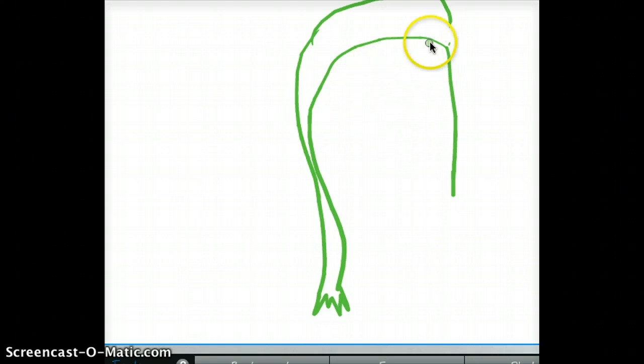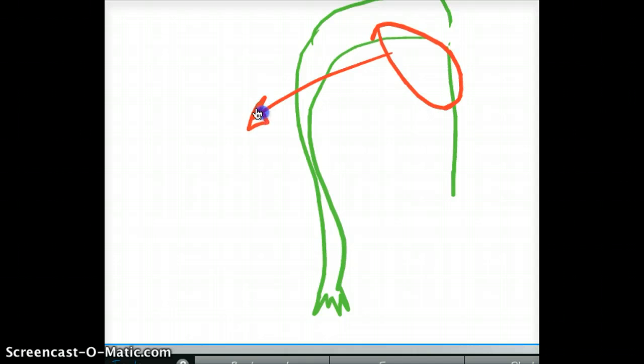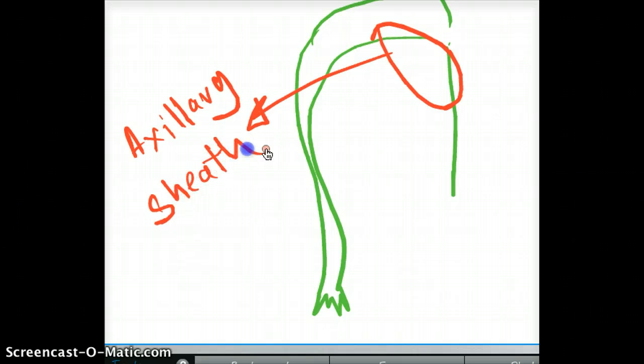So imagine that this area right here is the axilla. Inside our axilla, there's a sheath called the axillary sheath.